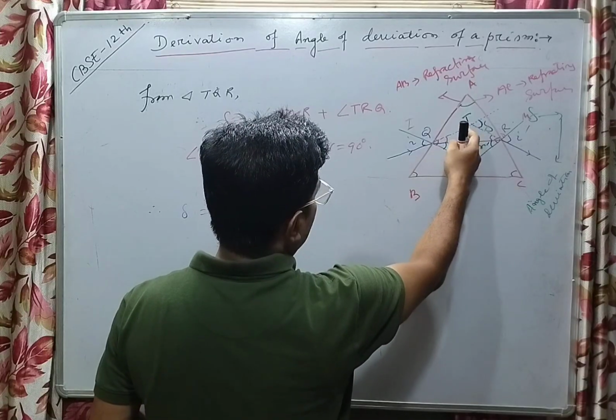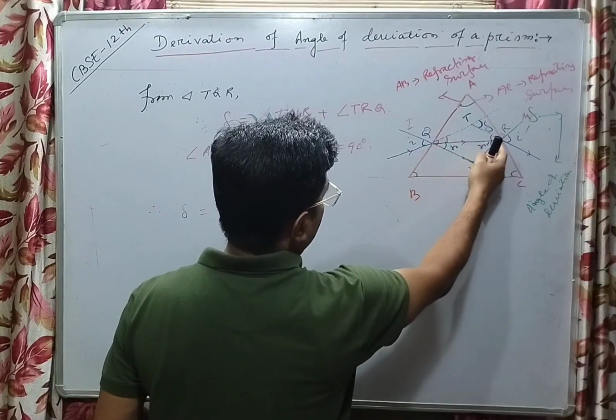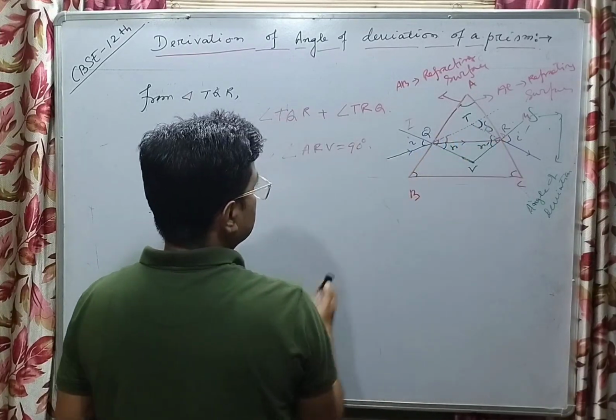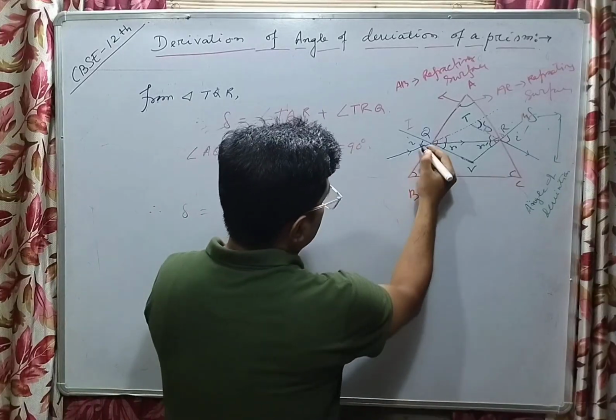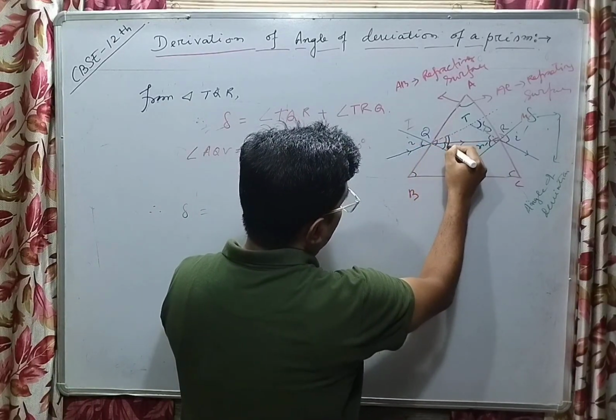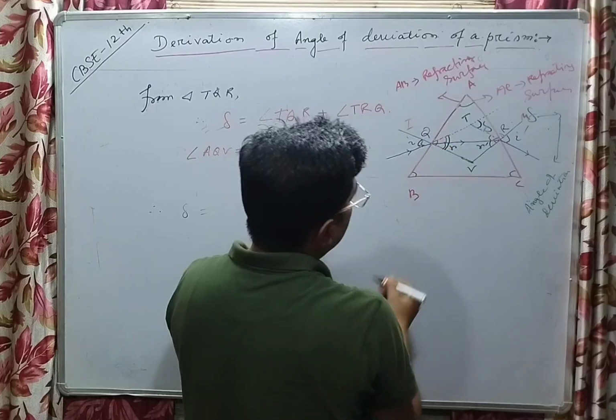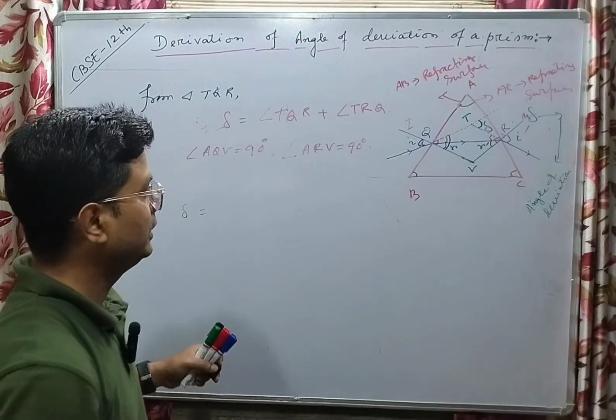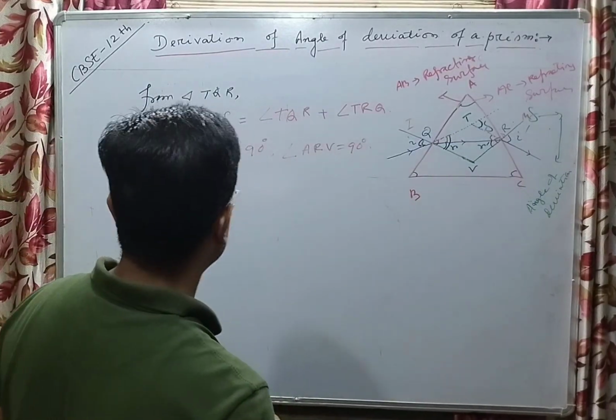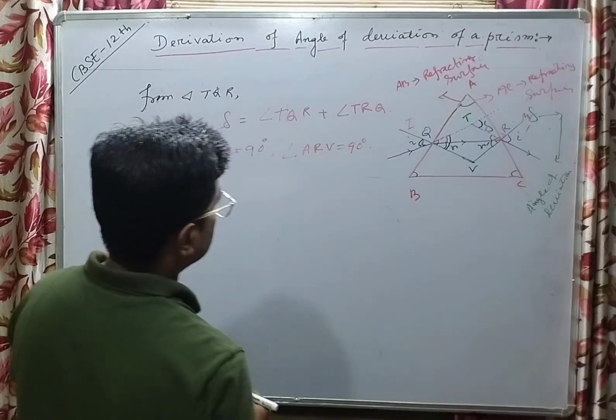I need the values of TQR and TRQ. See students, again these angles are equal as a whole; these three angles are vertically opposite angles.